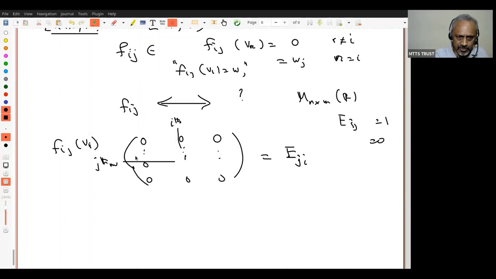V1 will go to 0, V2 will go to 0, Vi will go to Wj. When I write Wj, it's going to be ith column. But then 1 will appear in the jth row. Therefore, it is Eji. Is that clear? I hope you appreciate this exercise. Nice example.